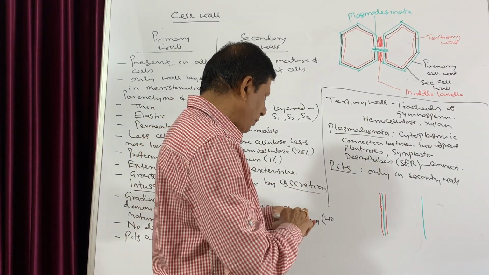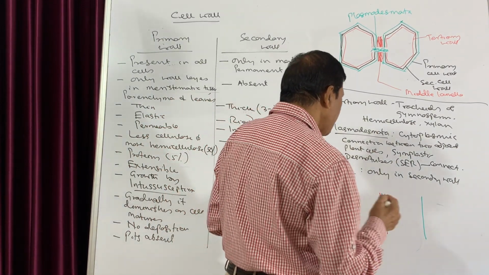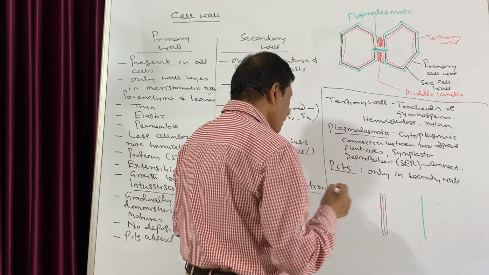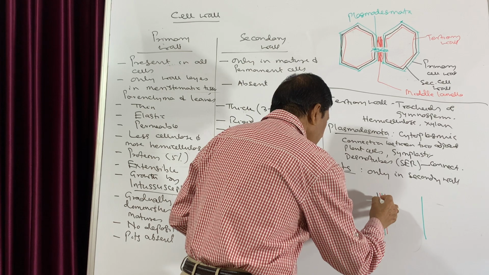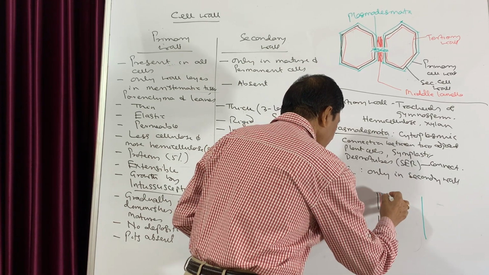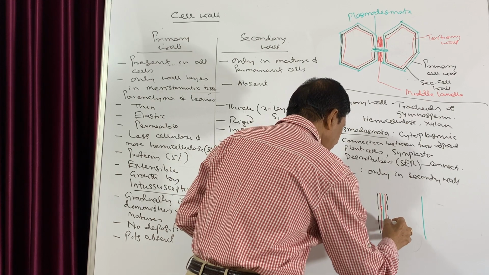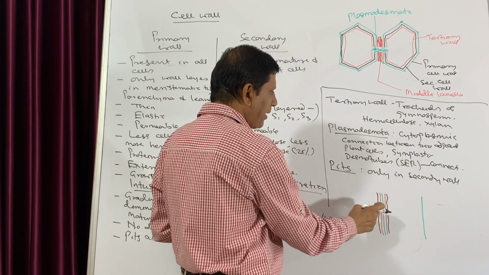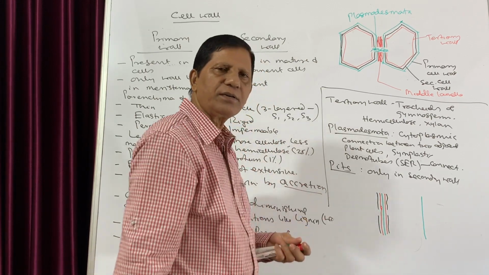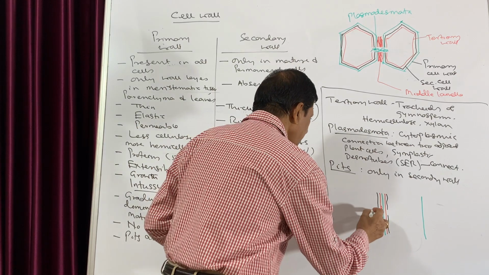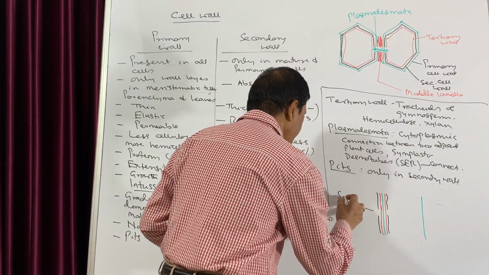Then there will be deposition, and here is the secondary wall. Now the secondary wall is disconnected on both sides. This is one cell, that is one cell. That means a middle lamella and a primary wall is present, but the secondary wall deposition is not there. This is known as simple pit.